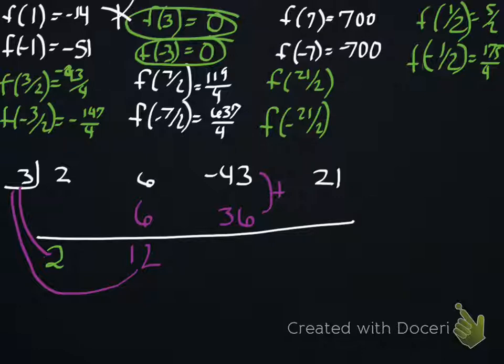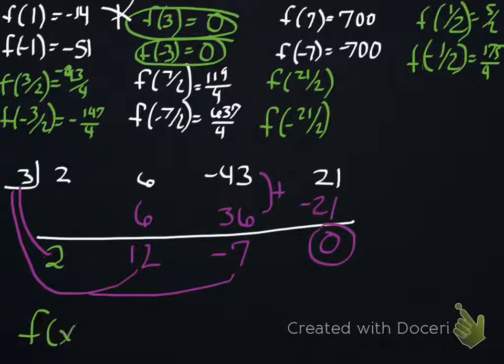Add. And that gives you 2... multiply. And that gives you negative 21. And then add is 0. So that shows you that it worked. So one of my answers is 3.